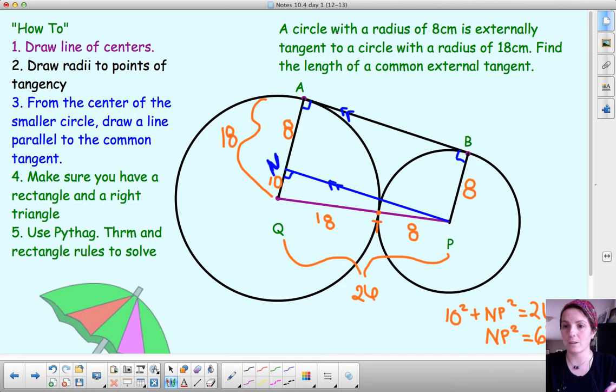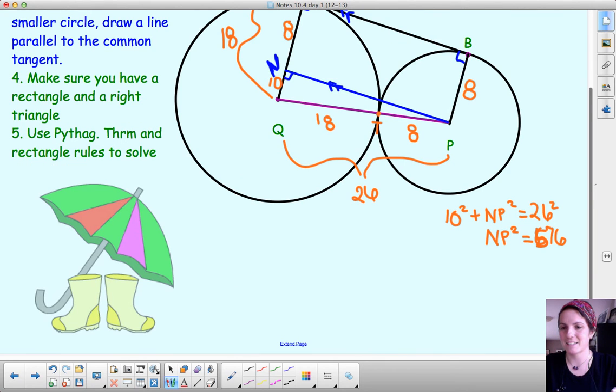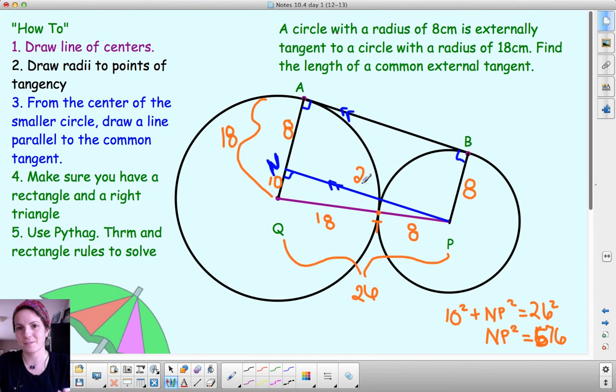Oops, I forgot to subtract 100. 576. So the square root of 576 should be 24, which means that AB also has a length of 24.